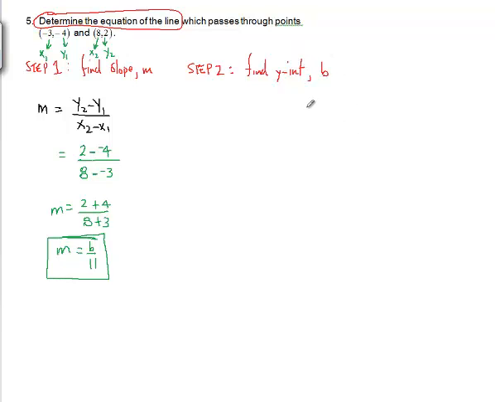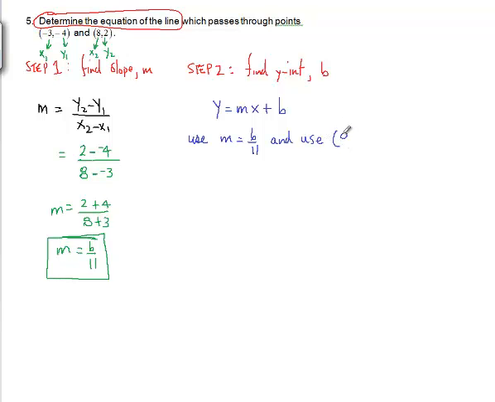In step 2 we use the slope-intercept form y equals mx plus b, and we choose a point plus the slope. So we're going to use m equals 6 over 11. We found that. And we're going to use 1 point. So we have to choose between the 2 points given.